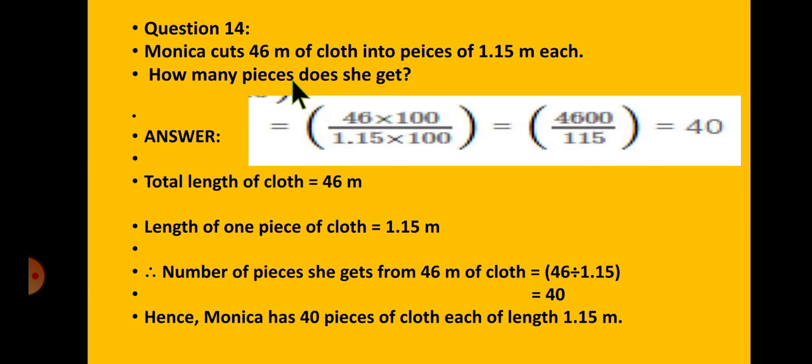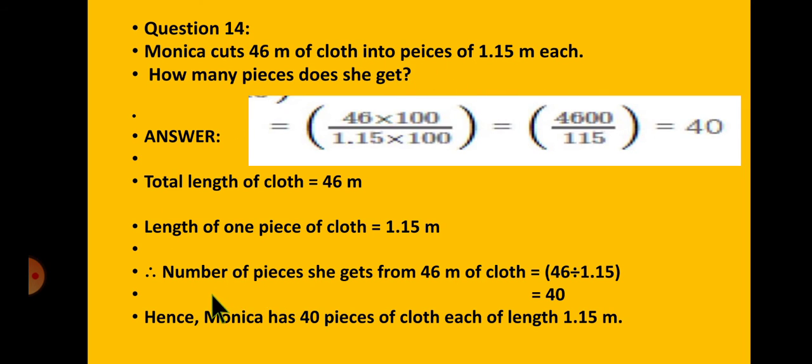Monica cuts 46 meters of cloth into pieces of 1.15 meter each. How many pieces does she get? So the total length of cloth, that means how much cloth does Monica have? Monica has 46 meters of cloth, and the length of one piece of cloth is 1.15 meter, which is given in the question.